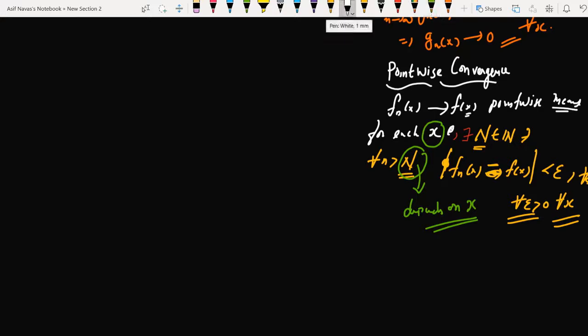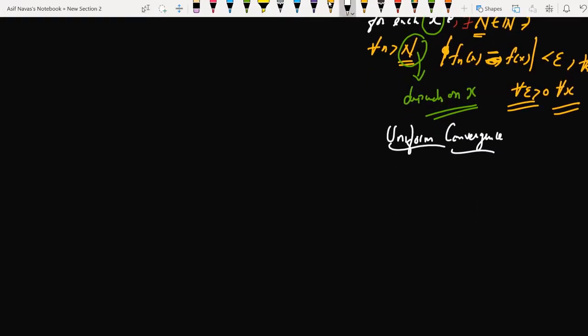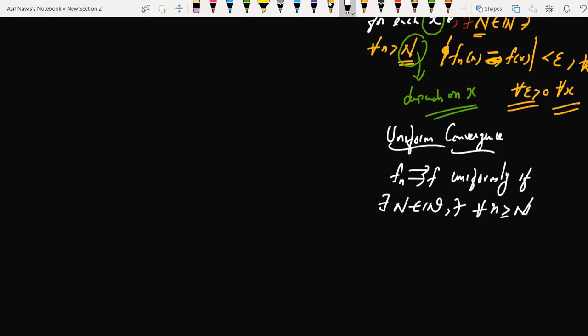Now what is uniform convergence? f_n converges to f uniformly if there exists a natural number N such that for every n greater than or equal to this N, |f_n(x) minus f(x)| is less than epsilon for all x.